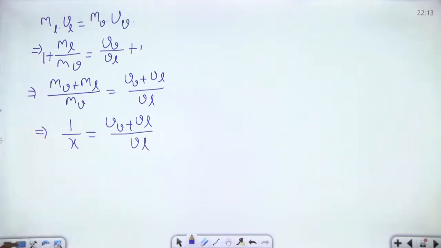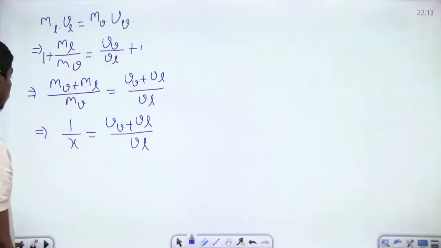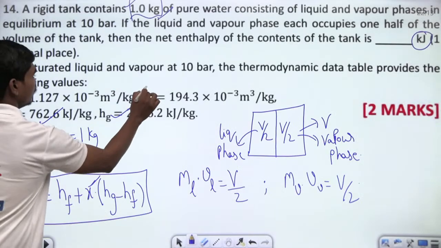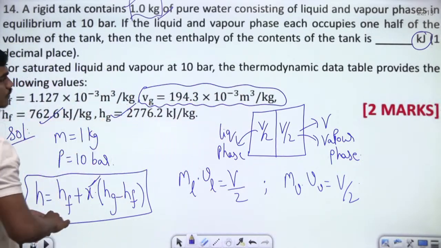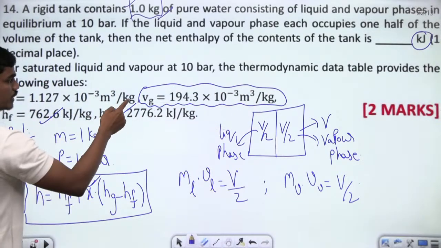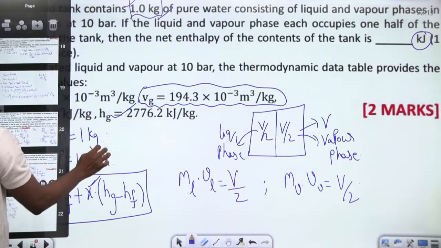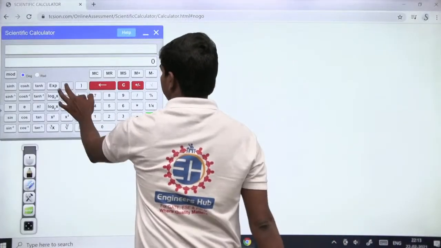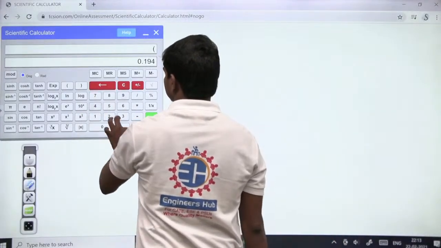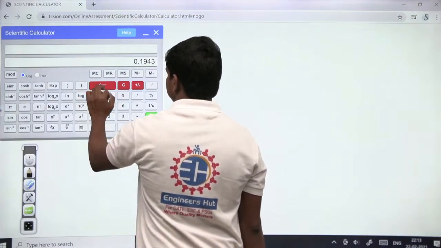So let us substitute the values. What is VV that's available here? V, which is the specific volume of the vapor, which is 0.1943.